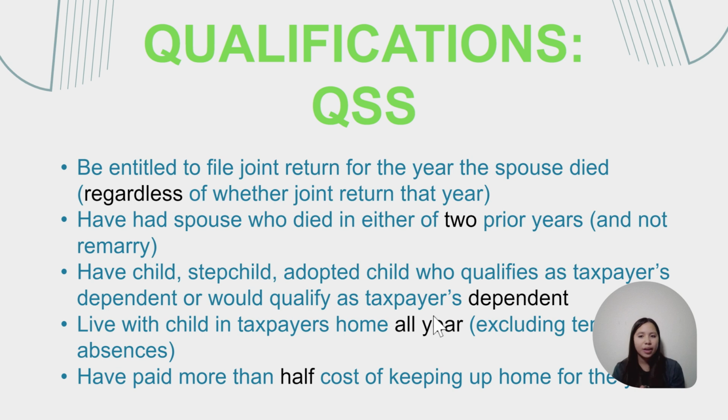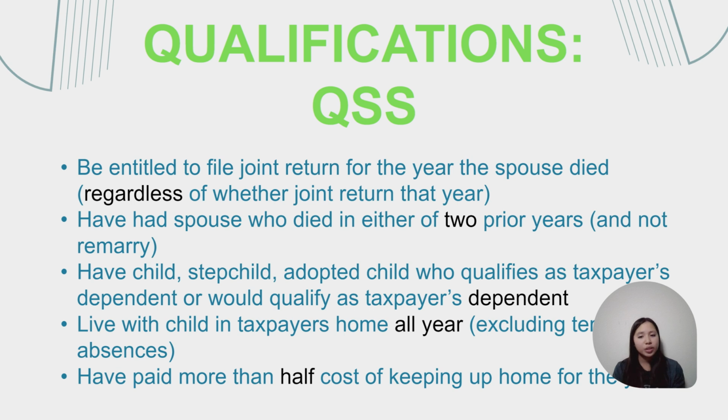But if you've had a spouse who died in either of two previous years, and you have a child, stepchild, adopted child, or child dependent, basically, who qualifies as a dependent or would qualify as the deceased spouse's dependent, then you can claim the qualifying surviving spouse filing status for up to 2 years after the spouse died.